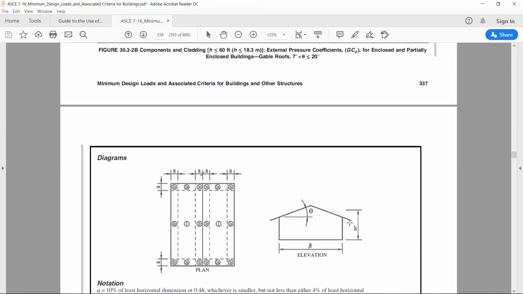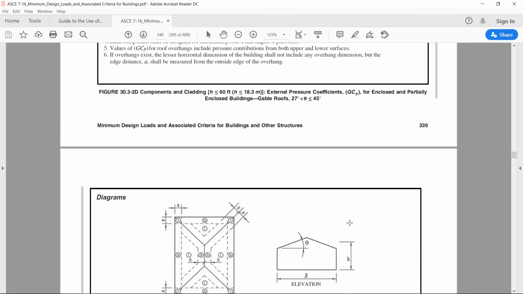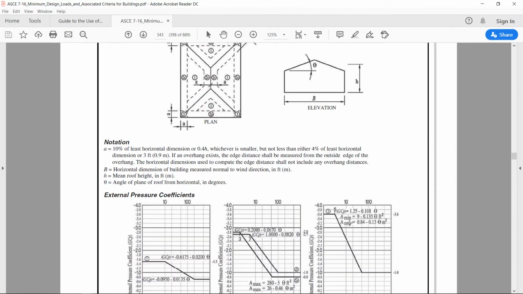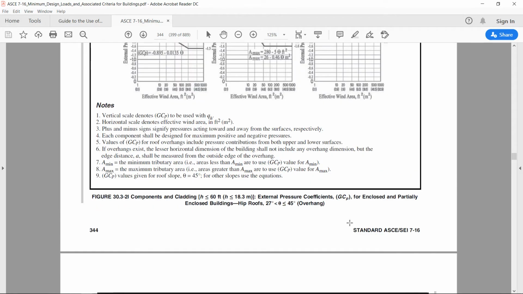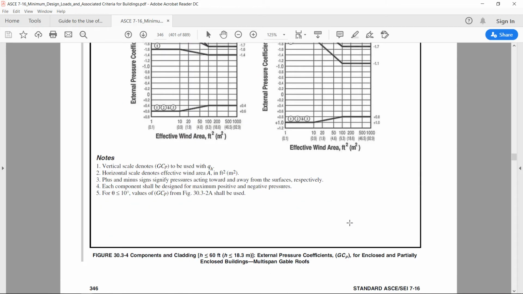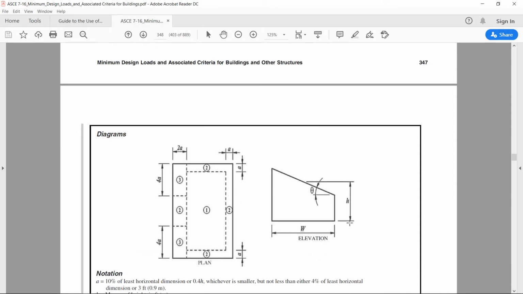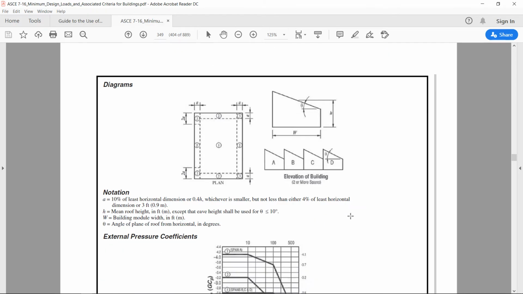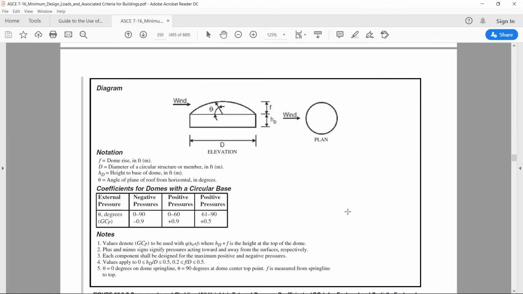This is figure 30.3-3. We are looking for 30.4.